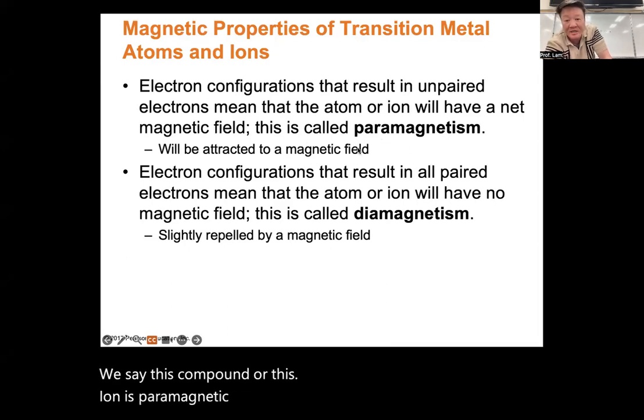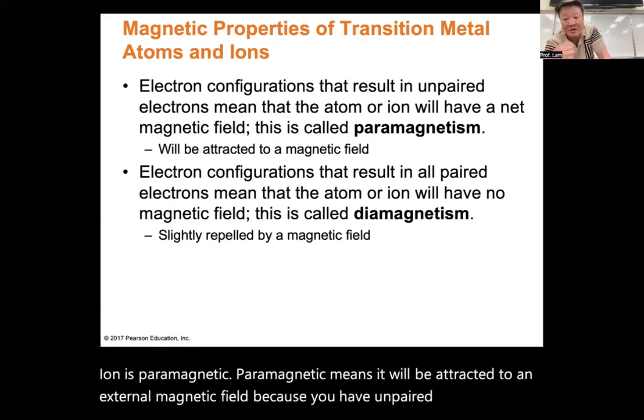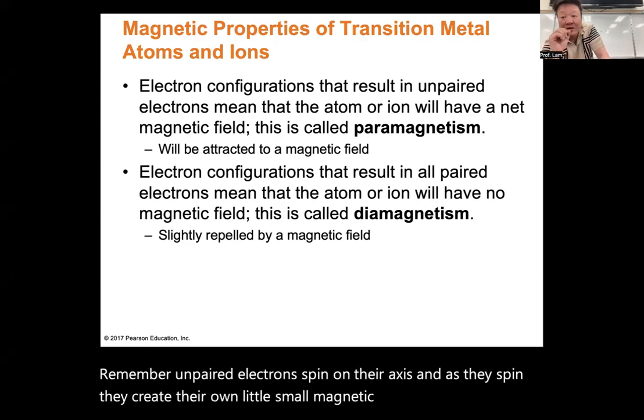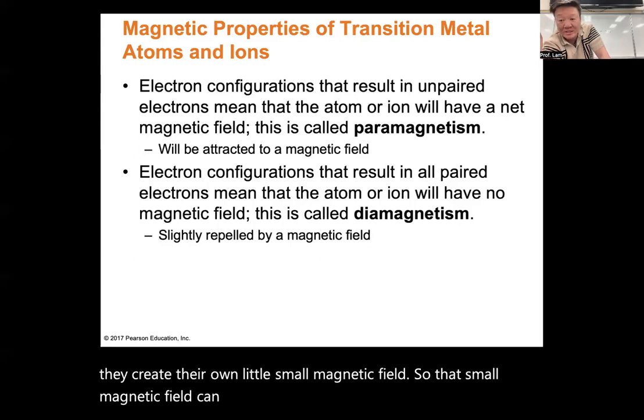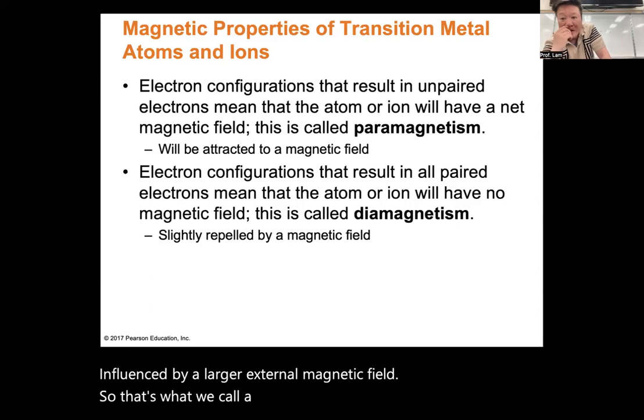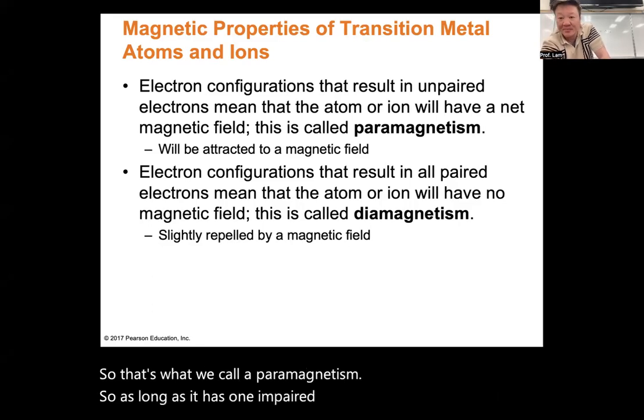Paramagnetic means it will be attracted to an external magnetic field because you have unpaired electrons. Remember, unpaired electrons spin on their axis, and as they spin, they create their own small magnetic field. That small magnetic field can be influenced by a larger external magnetic field. That's what we call paramagnetism. As long as it has at least one unpaired electron, it's considered paramagnetic.